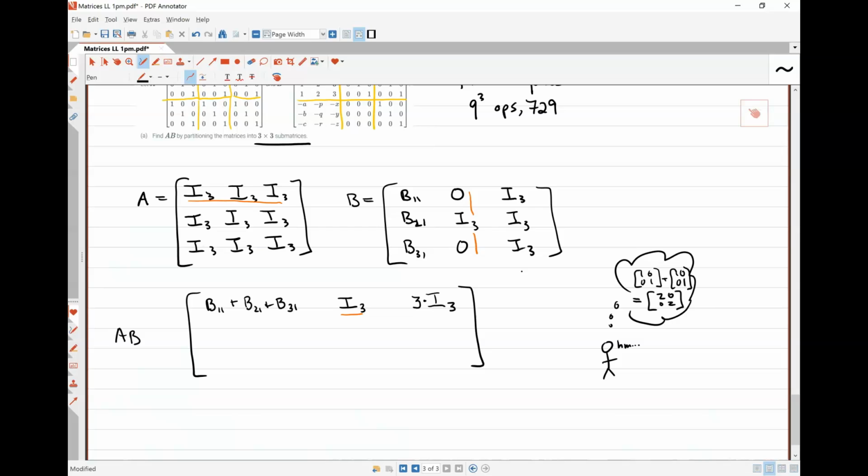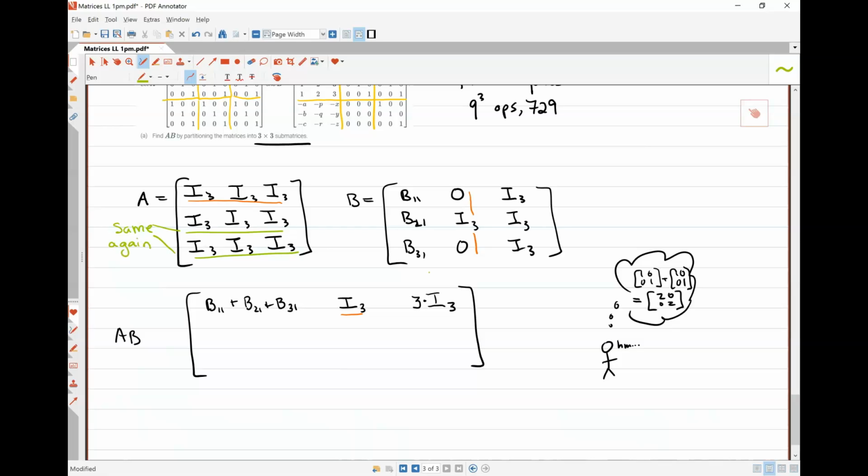Now, for the next one, we're going to get that same, well, actually, look at this, right? These are both the same again. So what are we going to get?